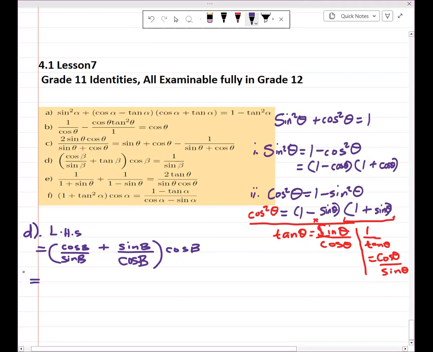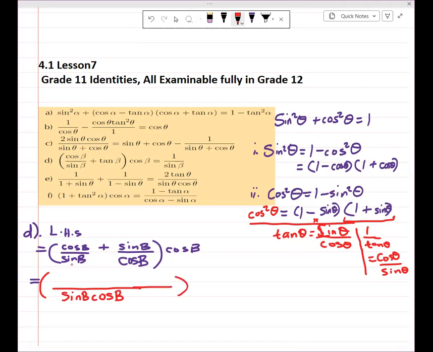So I prefer to simplify what is inside the bracket first, and then I can multiply after, right? Bracket first, remember, BODMAS. So my LCD, I can see that is going to be sine B multiplied by cos B.